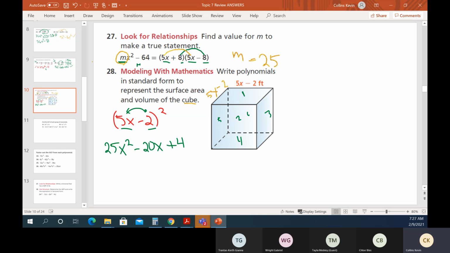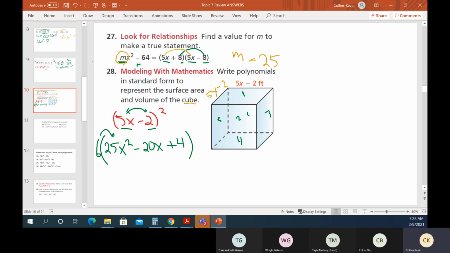All right, so if one side equals this, this is one side, right? And we've got 6 sides altogether, right? Okay. That means we'll just multiply everybody by 6. All right, so they want the polynomial in standard form, so that means we got to multiply this guy out. Not really a big deal.